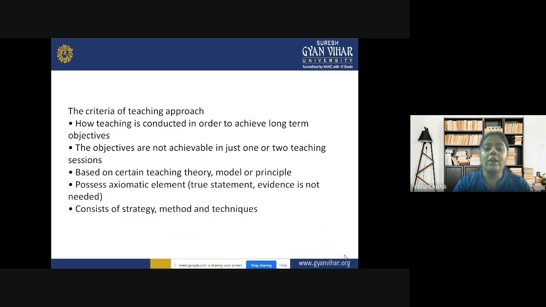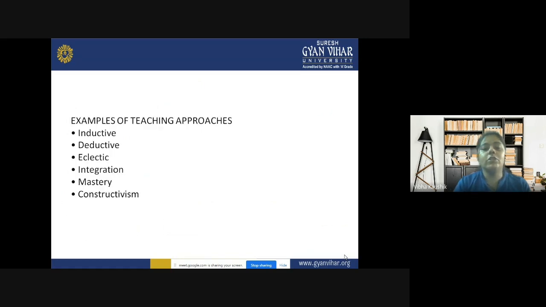Consist of strategy, means the strategy, methods and techniques. Examples of teaching approaches: inductive, deductive, cyclic, integration, mastery, and constructivism. These are the examples of teaching approaches, how you can teach a particular subject or course content.